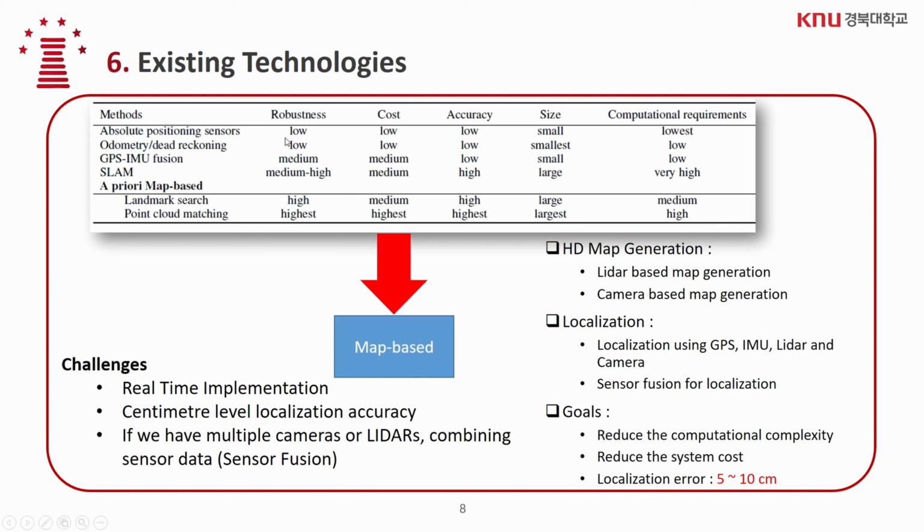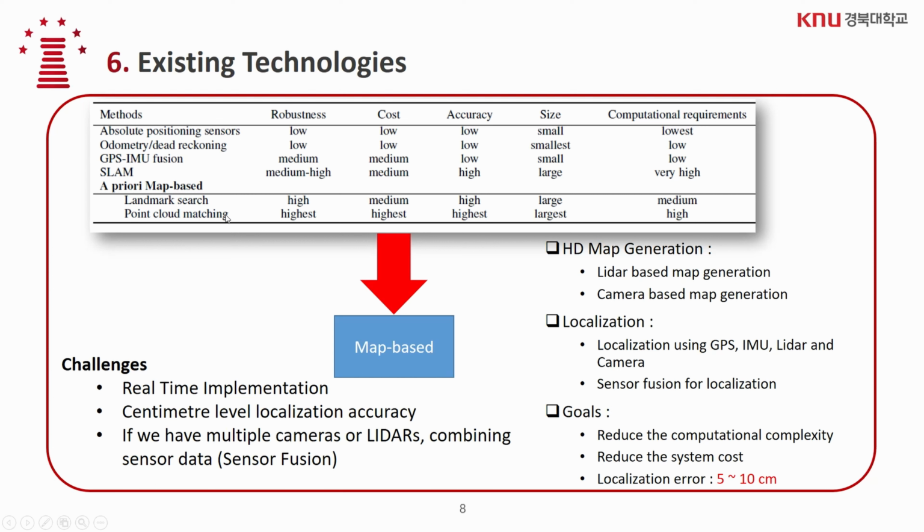The main problem is that the accuracy is very low, while the computational requirement is lowest. Compared to other methods like odometry or dead reckoning, GPS-IMU fusion, or SLAM, absolute positioning-based localization is not a robust method for vehicle localization. So our focus is mainly on a priori map-based approaches, mainly landmark search or point cloud matching.